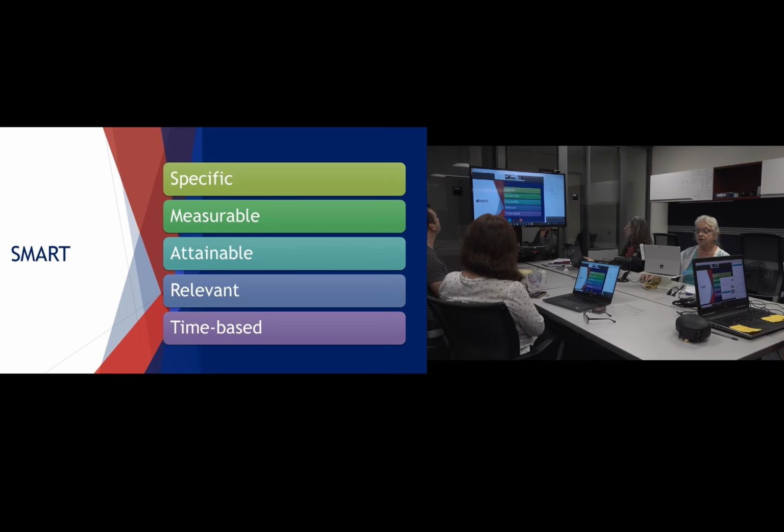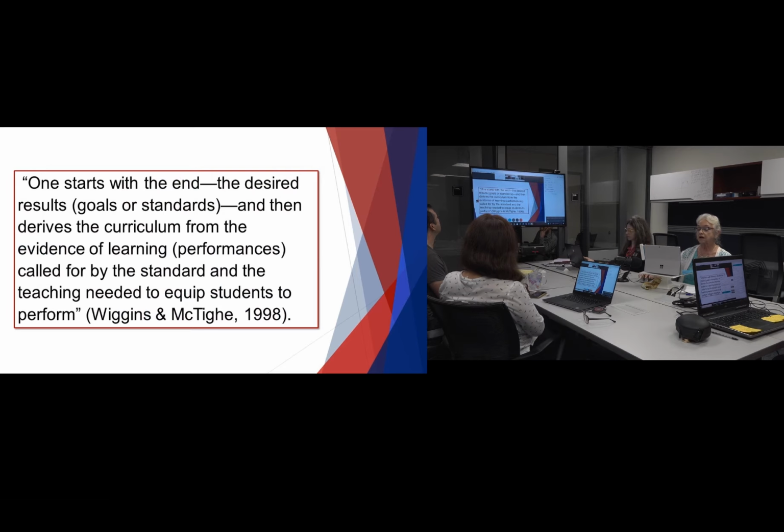And this is all based on backwards design, where we start with the end in mind. We think about, and I'm going to show you another one in just a moment that shows you the 3 steps of that backward design, the end and where it is we want our students to go, the desired results, and then build from that.